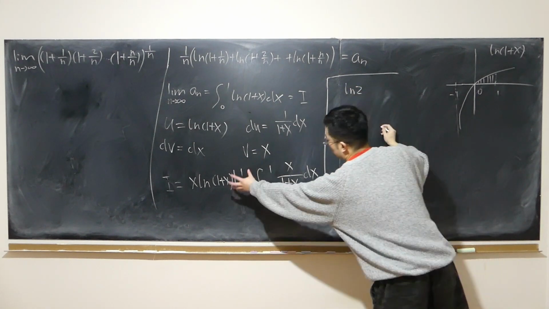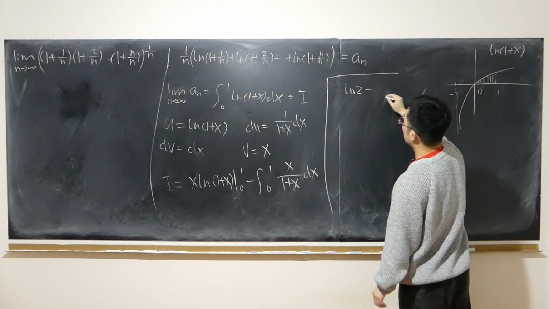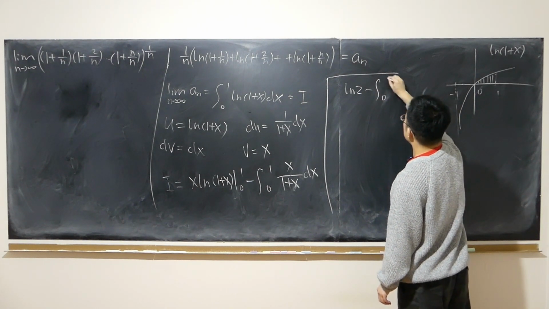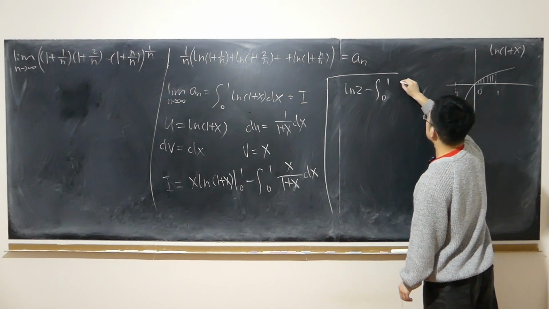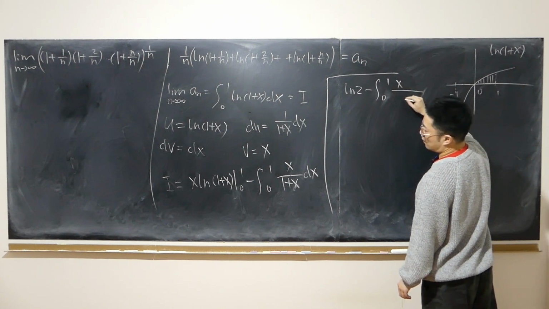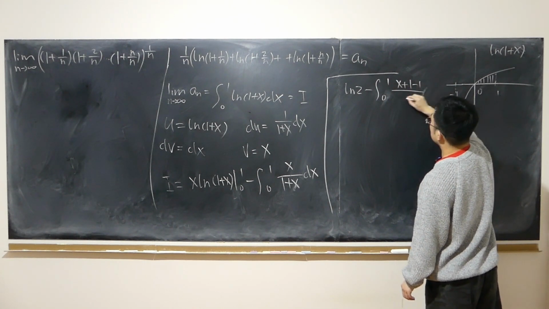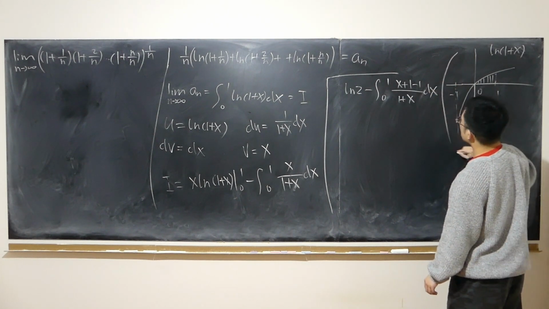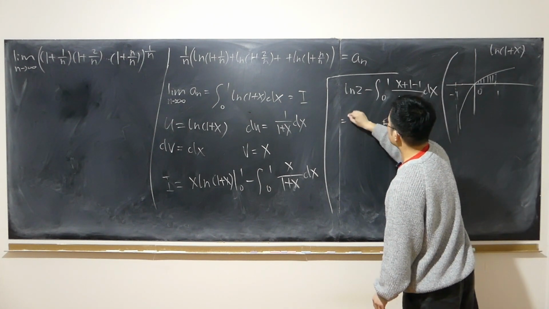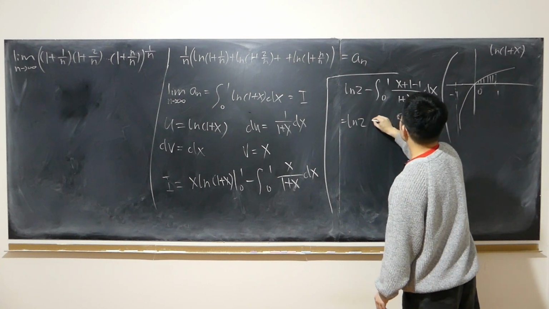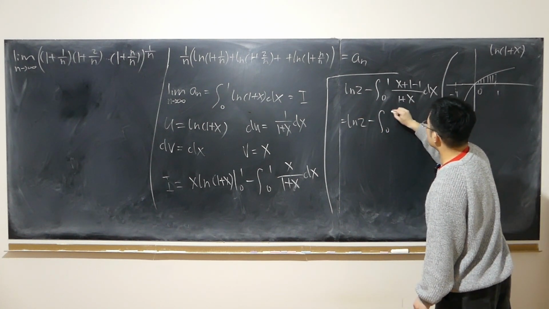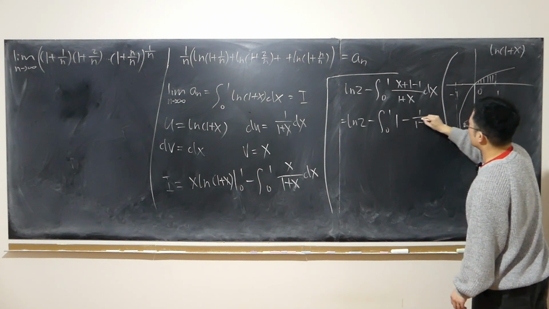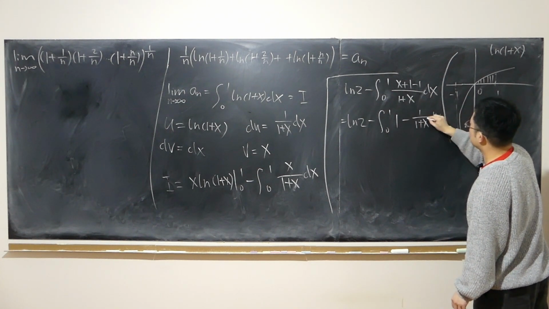Minus the integral from 0 to 1 of x over (1 + x) dx, which is (x + 1 - 1) over (1 + x) dx. That is log 2 minus the integral from 0 to 1 of 1 - 1/(1 + x) dx.